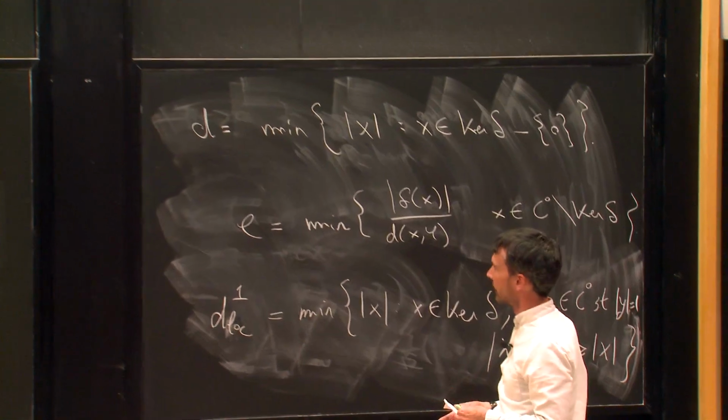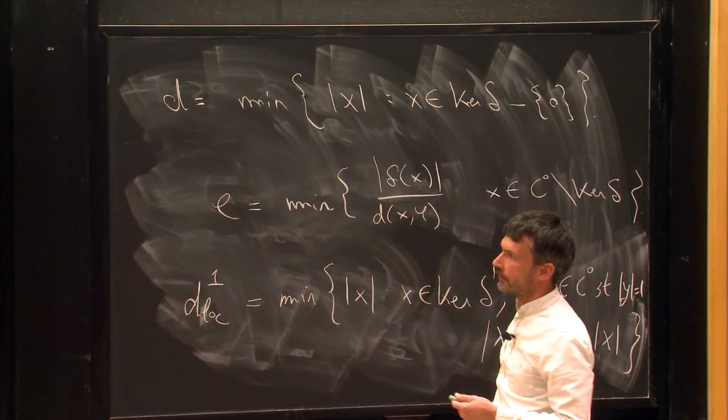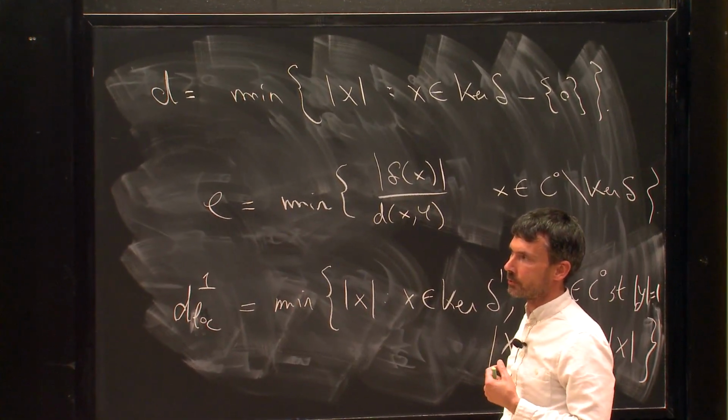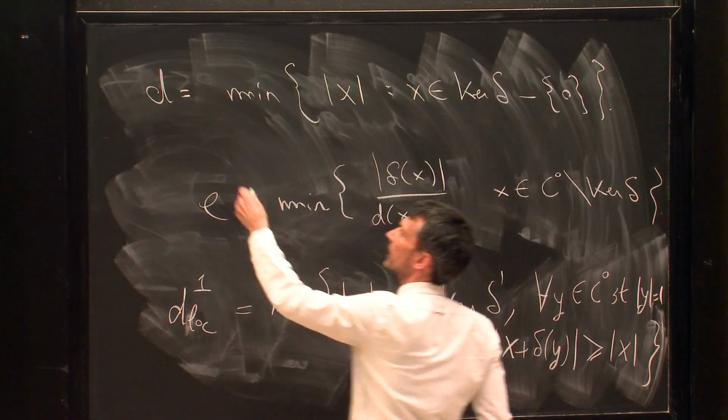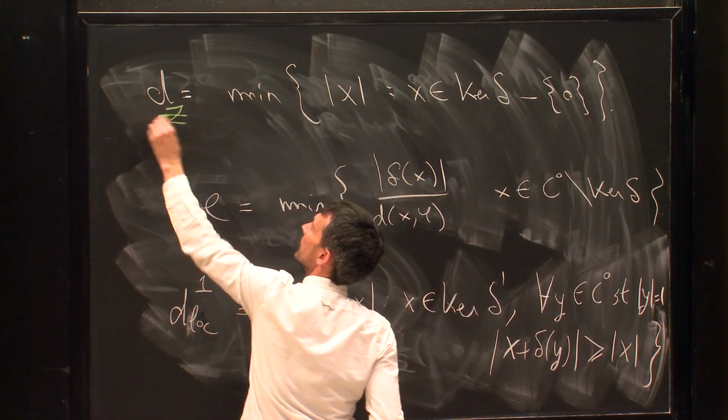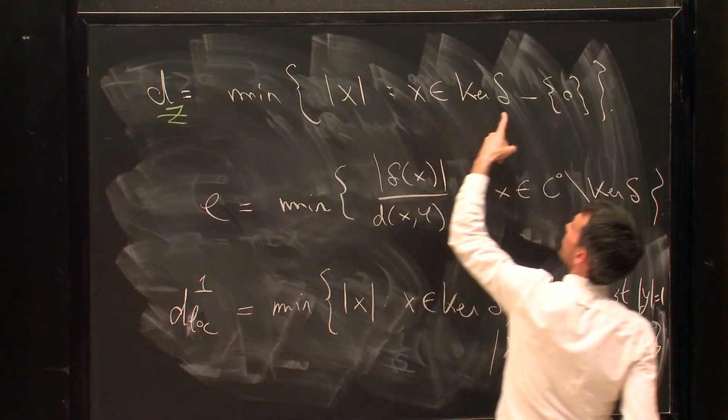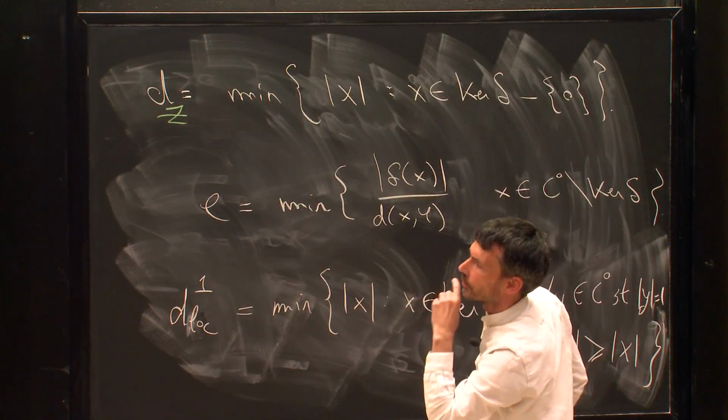So in the quantum case, there are two different distances. There's a distance with respect to one kind of checks and the distance with respect to the other kind of checks. So I can define here dZ, and this will be the kernel of, how did I call it, delta 0.